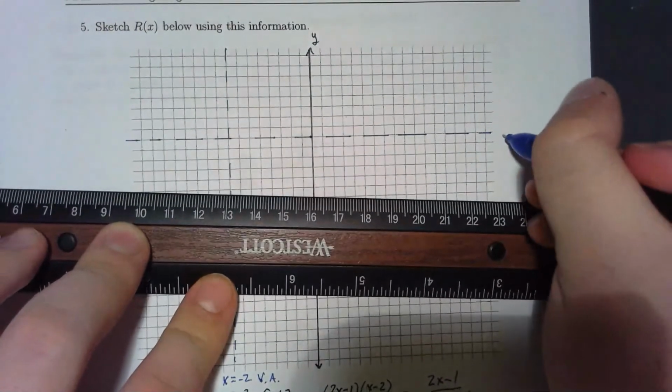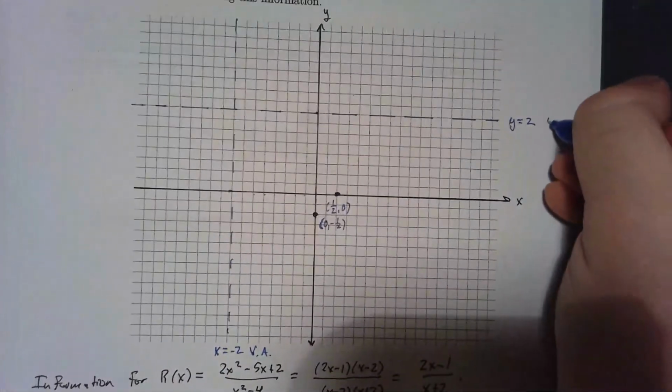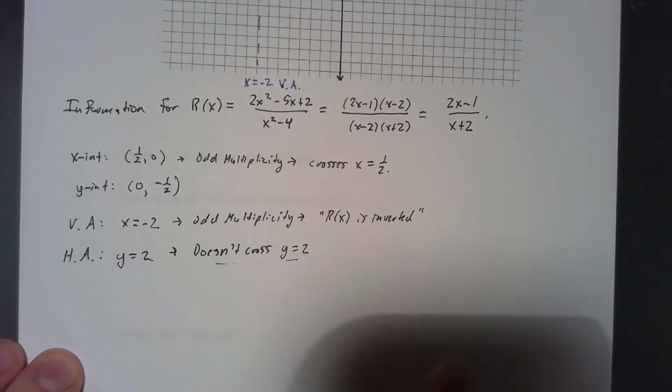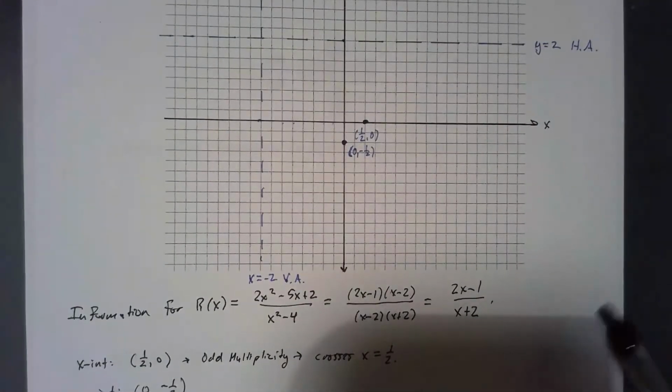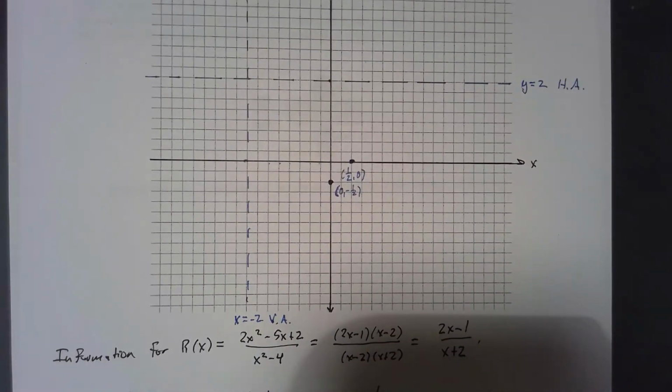So that line y equals 2 is the horizontal asymptote. And I know that it doesn't cross y equals 2. All right, so I labeled my intercepts and my asymptotes. Now I'm ready to graph this thing.